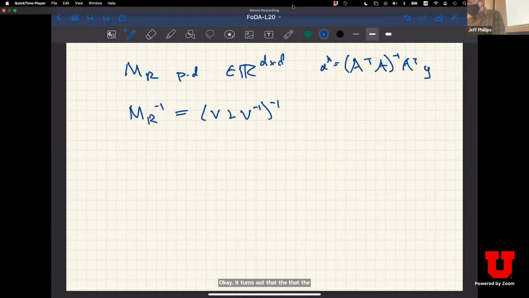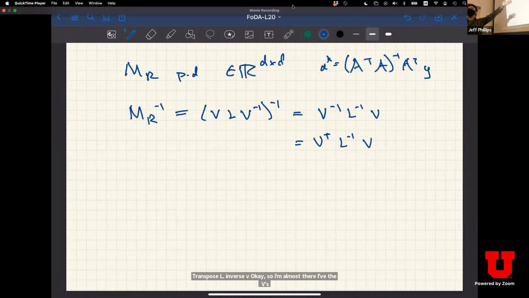I can push the inverse through, and I get V inverse L inverse V back again. So if you push the inverse in there, this is what happens. And I know that this is V transpose L inverse V. Okay, so I'm almost there. The V's are orthogonal matrices, so the inverses become transposes.